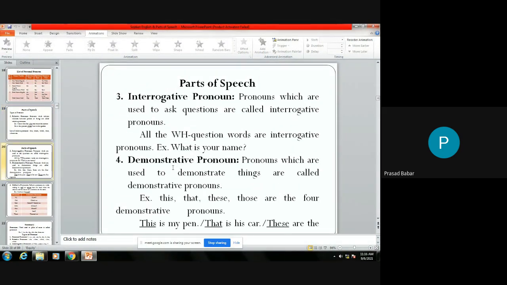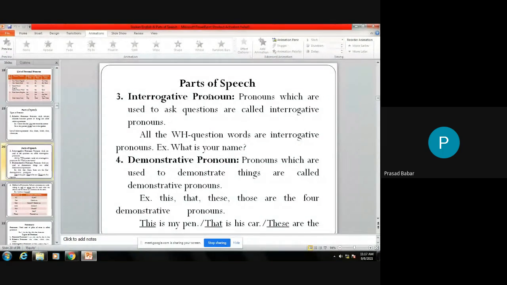The next is interrogative pronoun. So the third type of pronoun is interrogative pronoun. By its name itself, we can say that interrogative means what? Asking questions, or WH words. Interrogative pronouns are the pronouns which are used to ask questions.